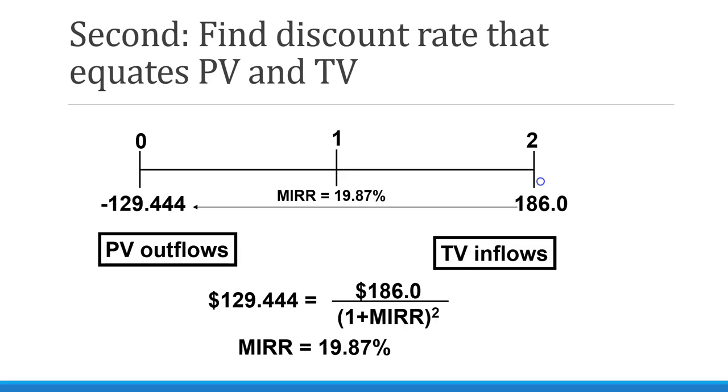We then do the present value equals the future value divided by 1 plus the internal rate of return to the power of 2, because it's a 2-year project, which gives us a modified internal rate of return of 19.87%.